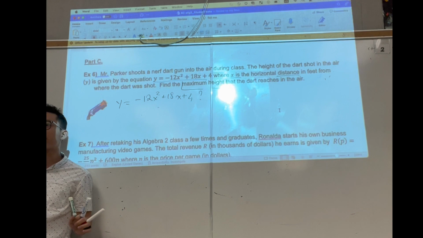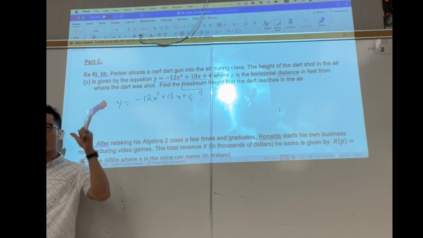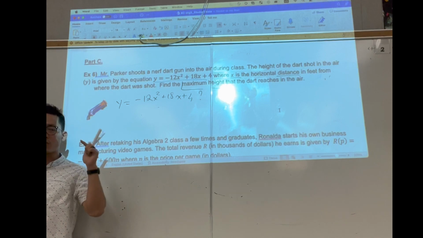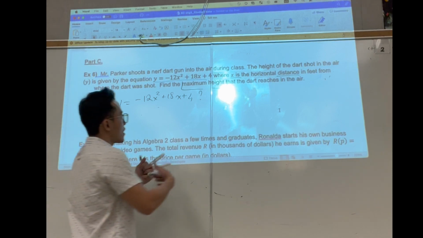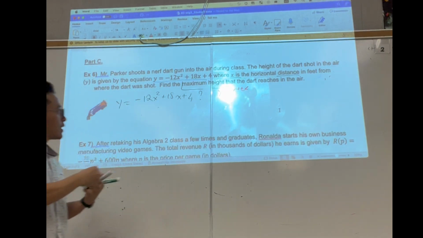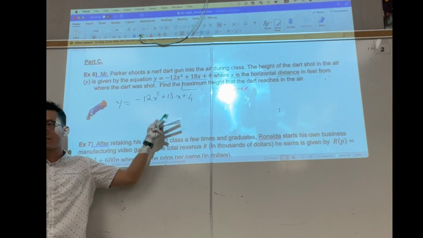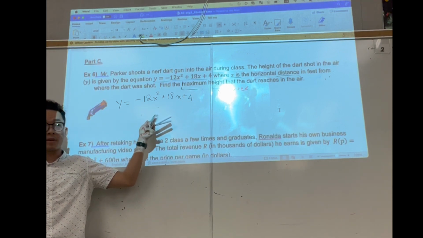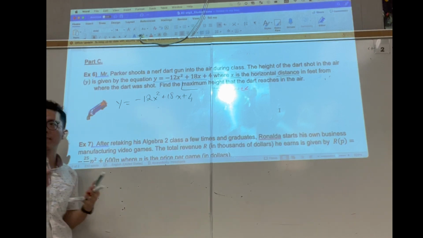Anytime we talk about maximum or minimum, we're talking about the y vertex. Remember that. Can you find the vertex from this? What form is this, standard form or vertex form? Standard form, no parentheses, right? How can you find the vertex on the standard form? Who can remember?